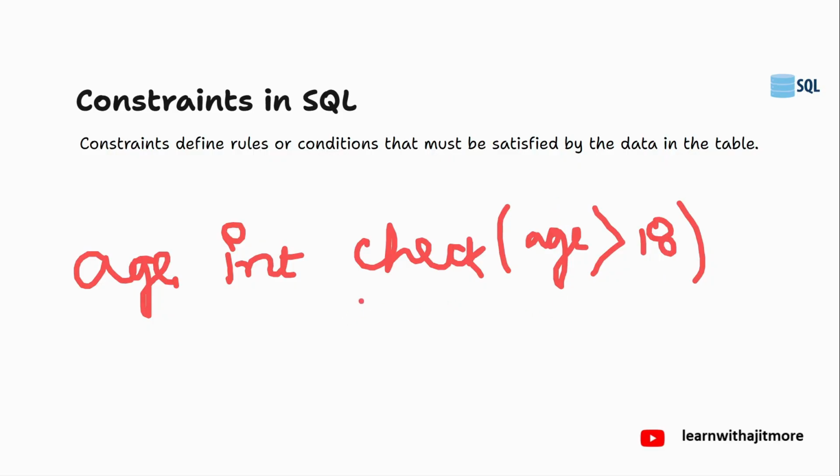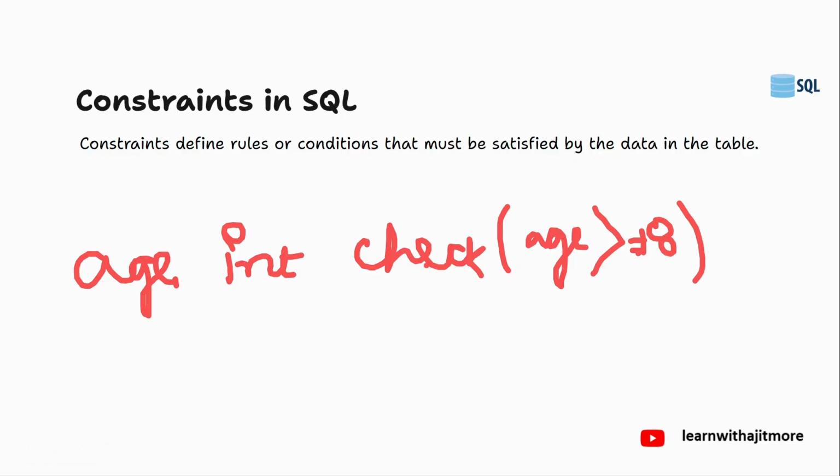They'll ask, in this check constraint, can some other column also be involved? It is allowed. This constraint says that the value in the age column should always be 18 or above. So if you try to give a value less than 18, it is a violation and an error will come.